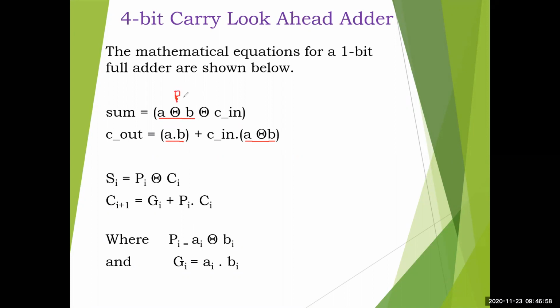I am not getting the symbol properly, so you consider this as the XOR symbol; dot means and, plus means or. So this is substituted as pi, and a dot b is nothing but the carry generated, while pi is the carry propagated. So pi and gi.